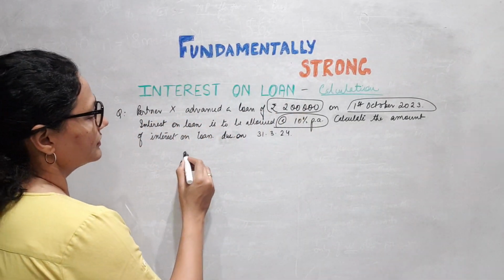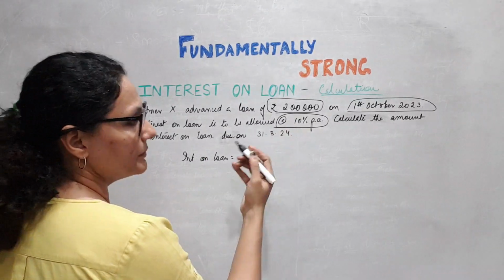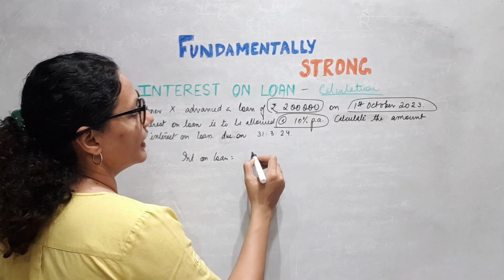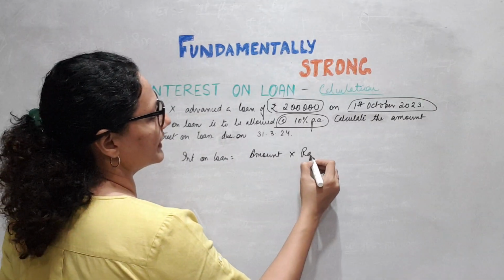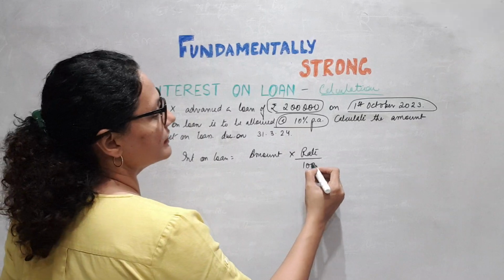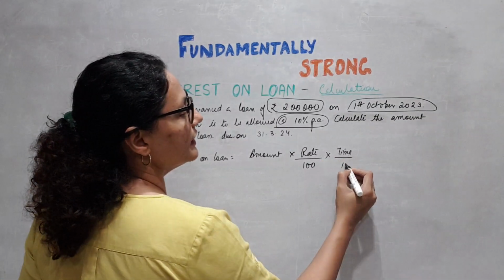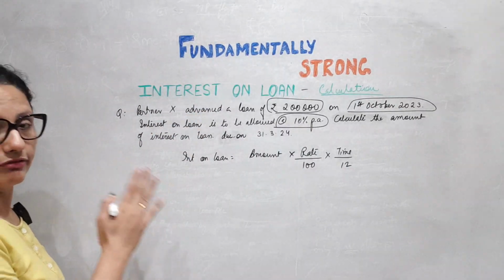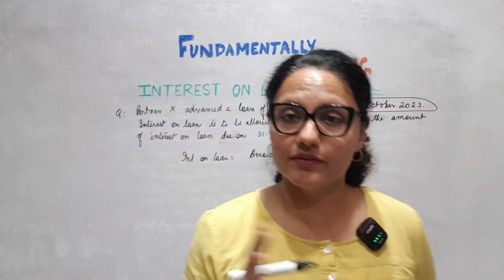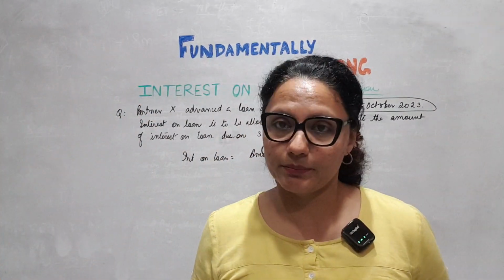So the interest on loan will be, I'm writing it for you, the amount of the loan into the rate of interest divided by 100 into the time in number of months, if at all he has given the loan during the year and not right from the 1st of April.